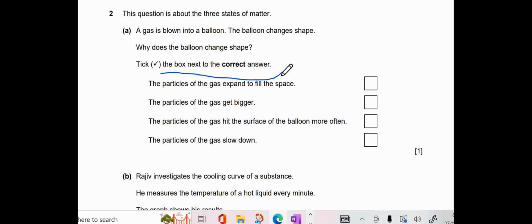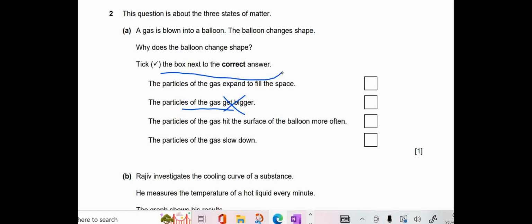Why does the balloon change shape? The possible answer will be: the particles expand to fill the space? Not necessarily. This one, the particles of gas get bigger? It's not correct. The particles of the gas hit the surface of the balloon more often, yes, and give more pressure.